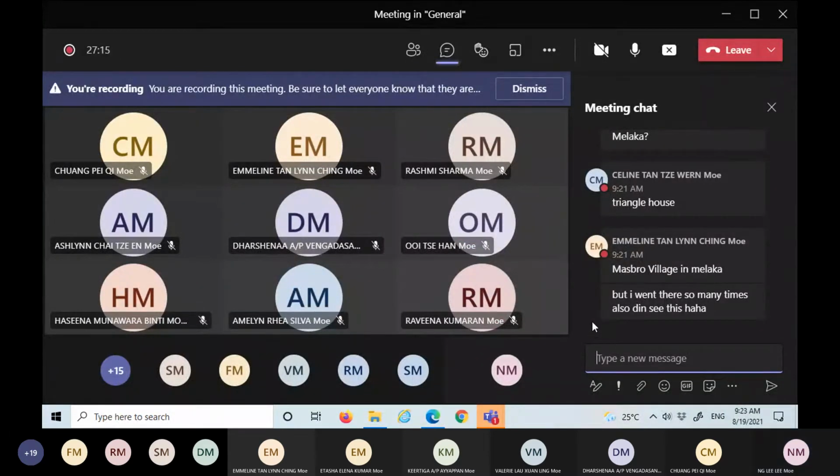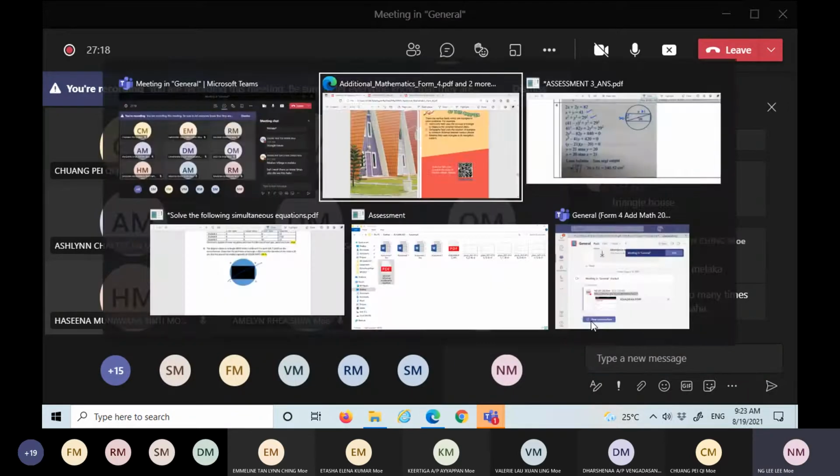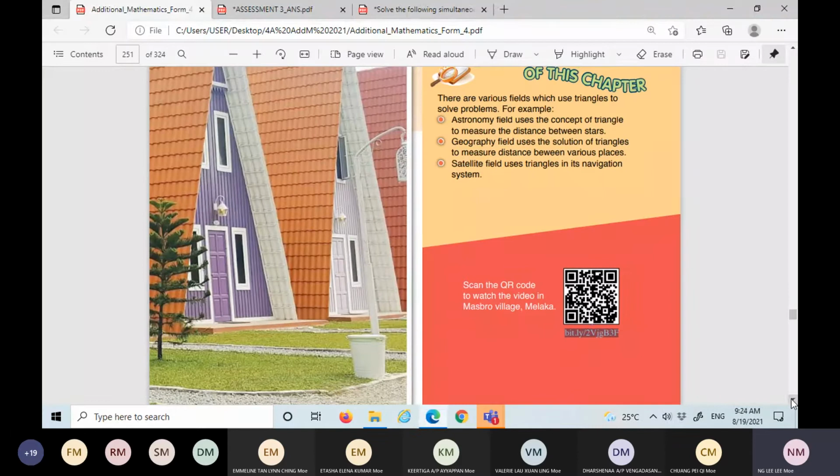Don't know the exact location. Someone diligent can go and search.